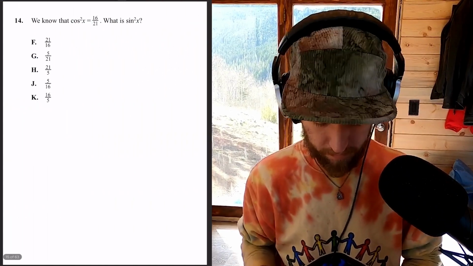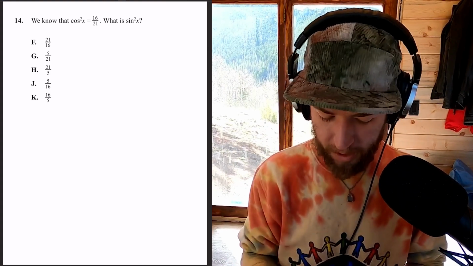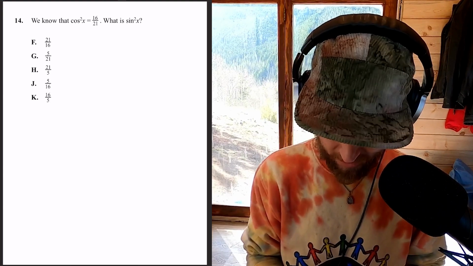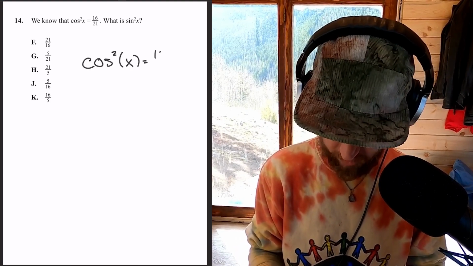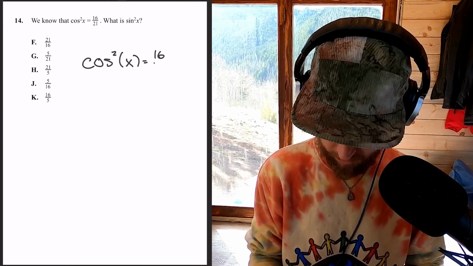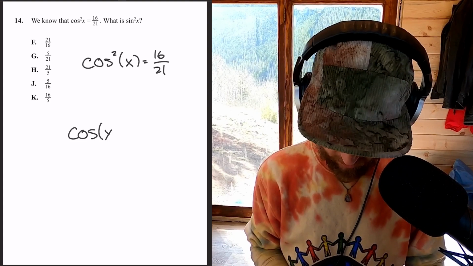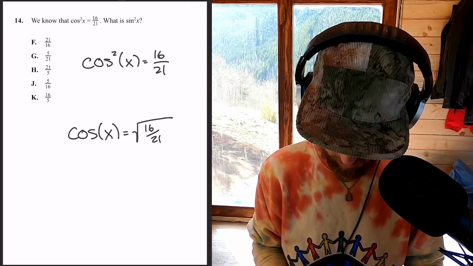Lovely. All right. So we know that cosine squared x equals 16 over 21. What is sine squared x? So cosine of x equals the square root of 16 over 21.